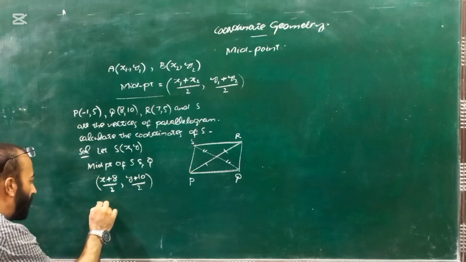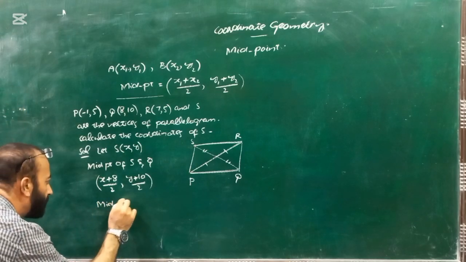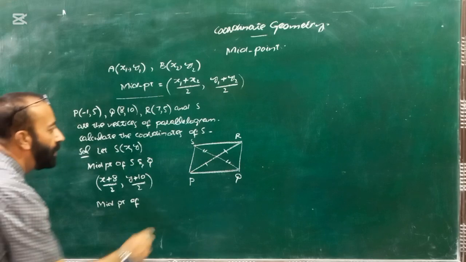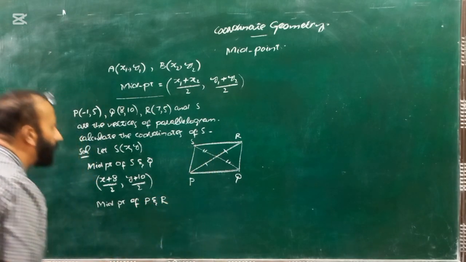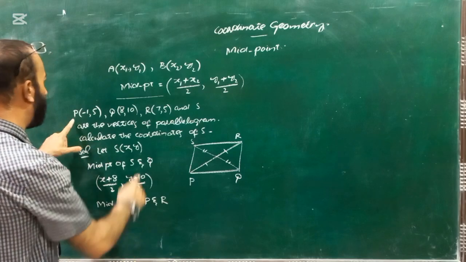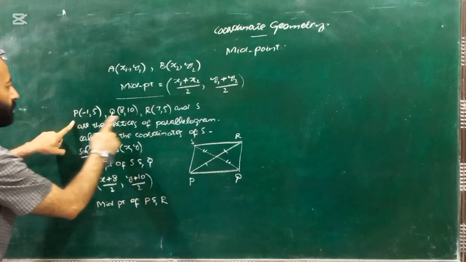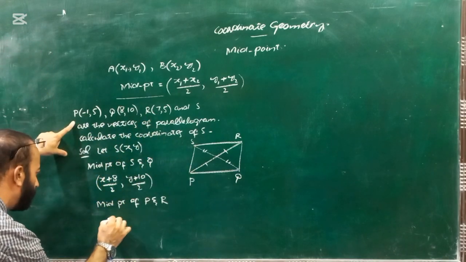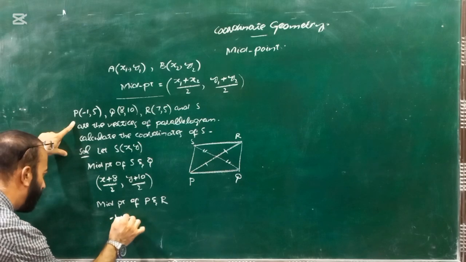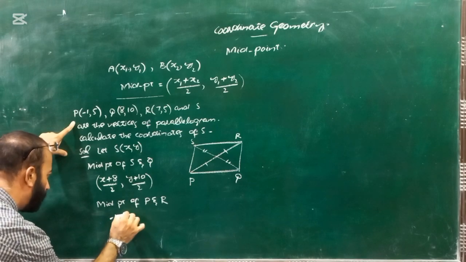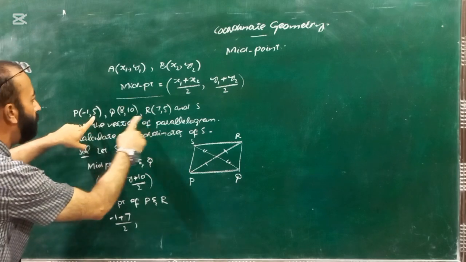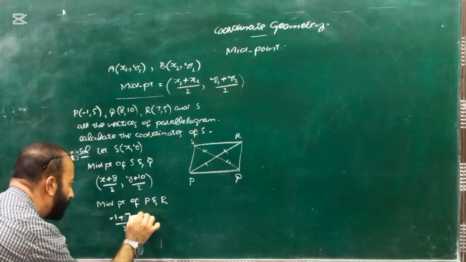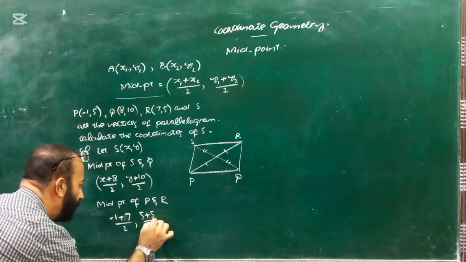Now we are going to find the midpoint of PR. So P and R. And here are P and R. So (minus 1 plus 7) divided by 2 and (5 plus 5) divided by 2.